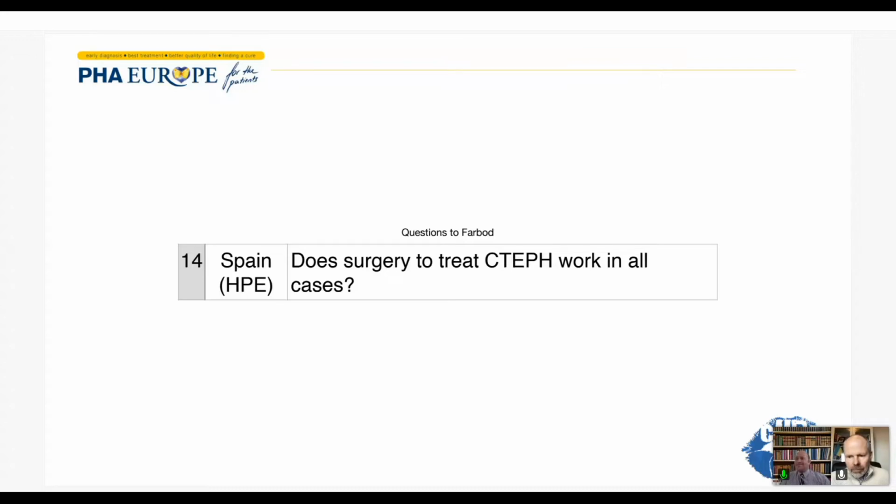Again, it depends on how you define cure: is it swimming across the English Channel, or is it being able to not be in heart failure? That's a deeper debate. But most patients who undergo surgery benefit.